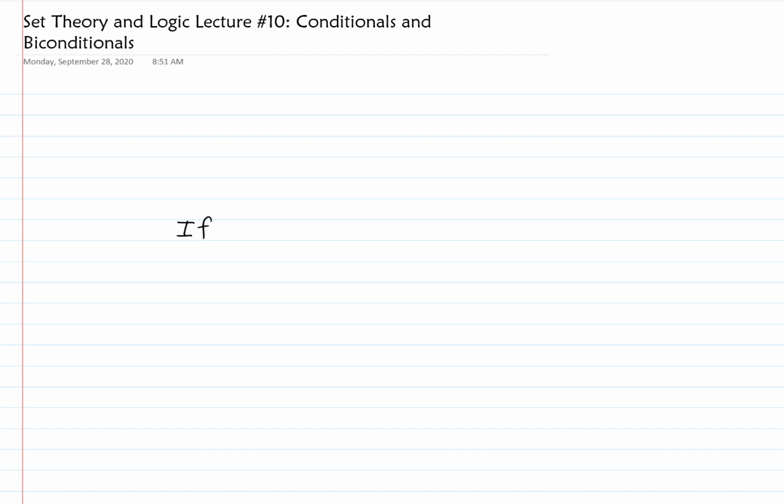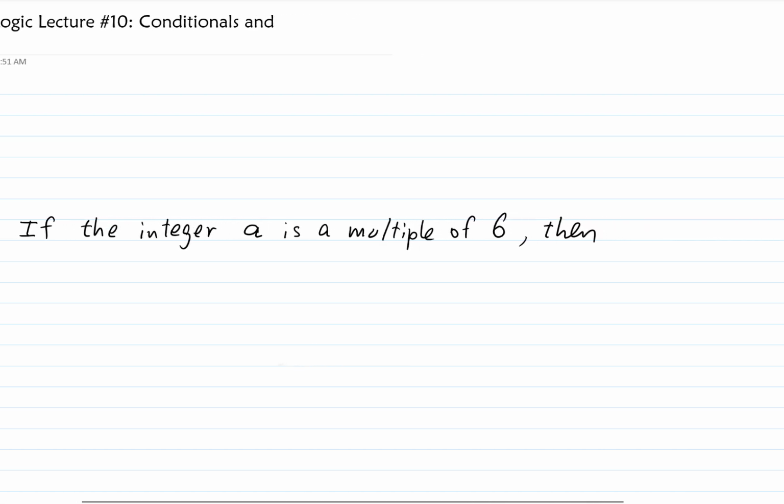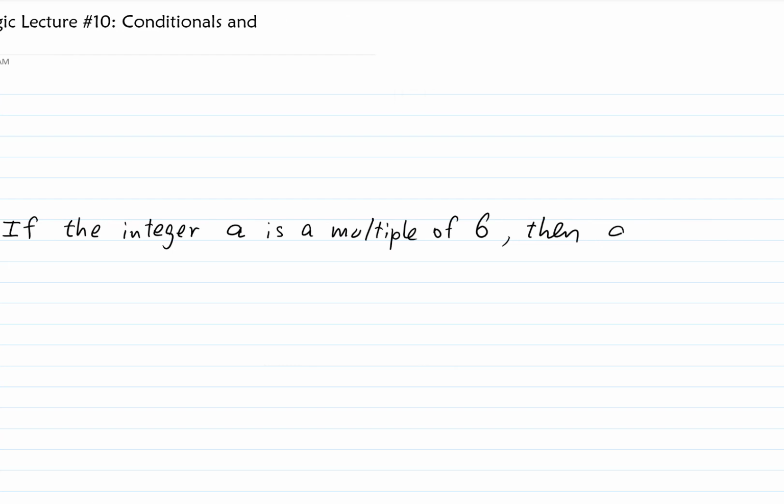If the integer a is a multiple of 6, comma, then a is divisible by 2.